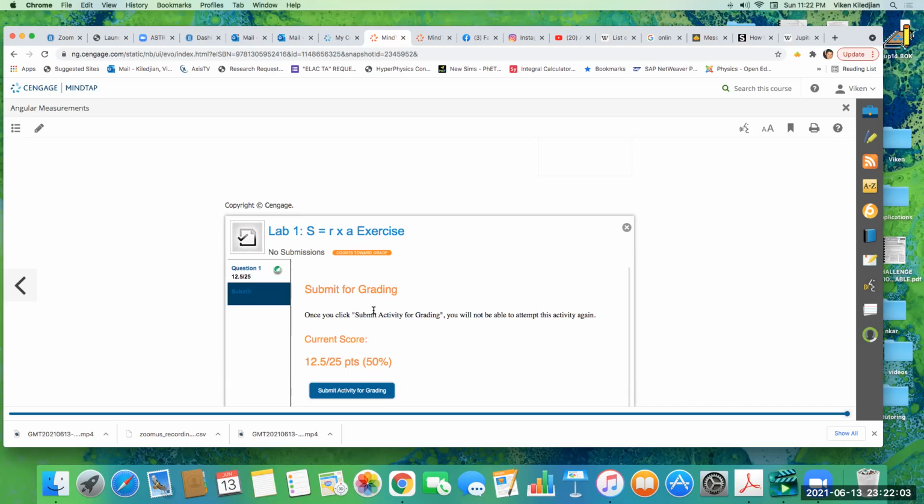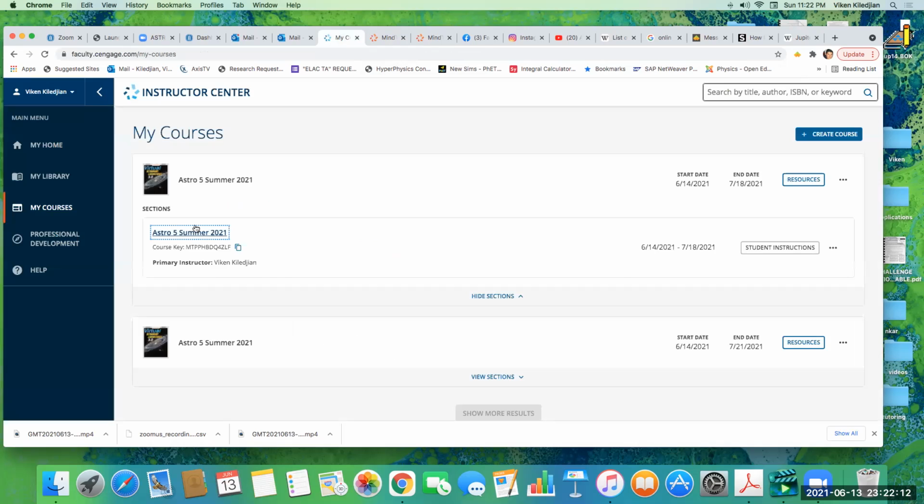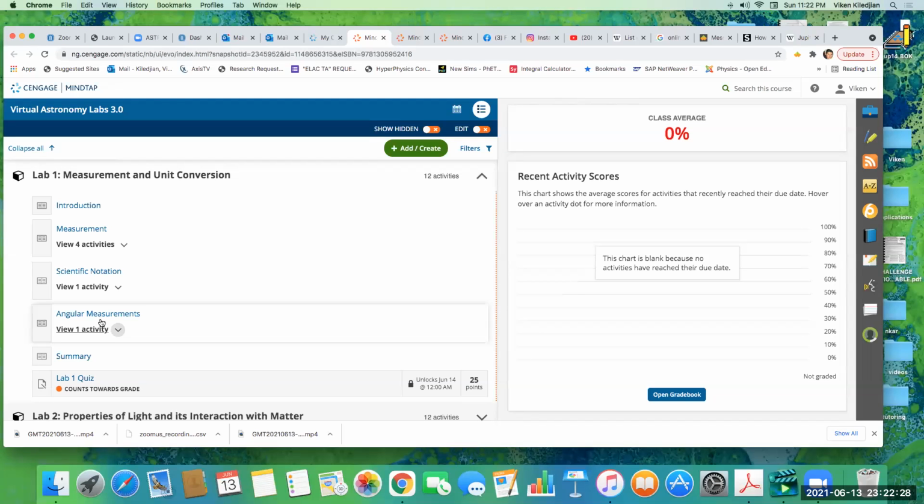The previous one is good enough. And I think that ends it. After that, there is no other section for this. Yeah, that's it. That was the last. Angular measurements was the last one.